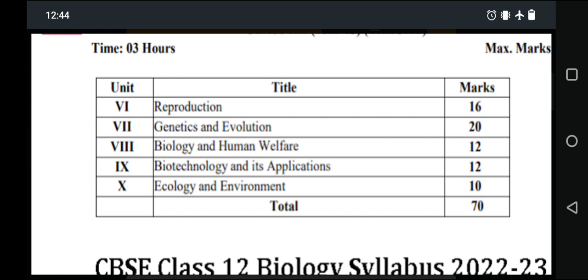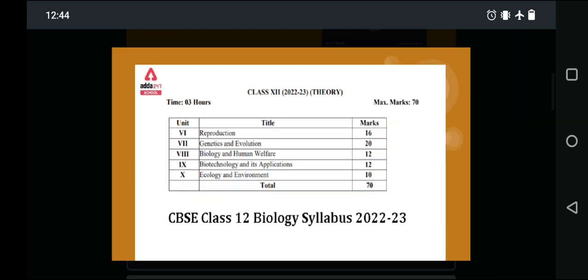So the total is a 70 marks paper in your exam.